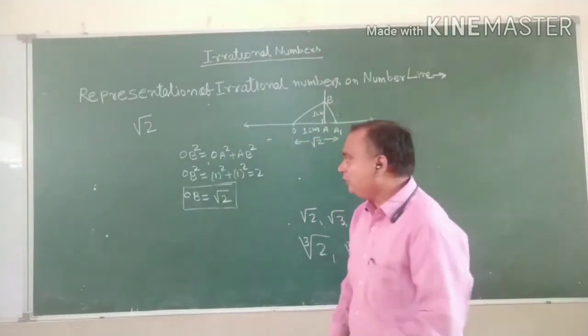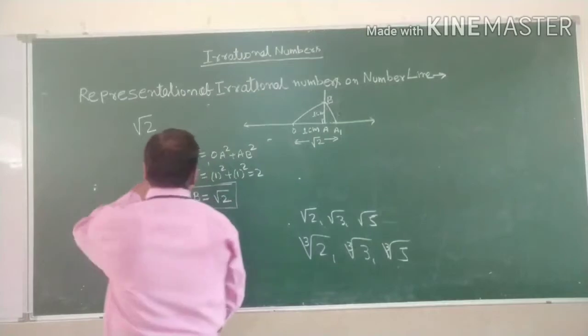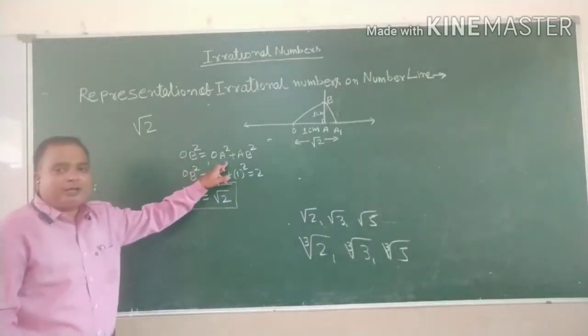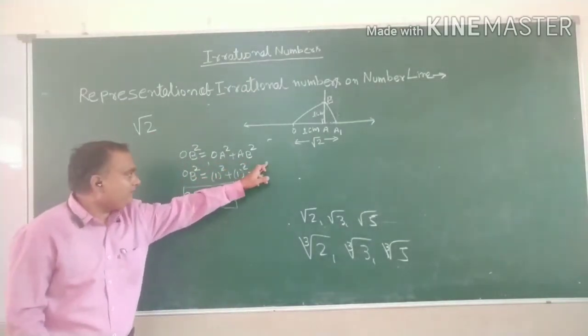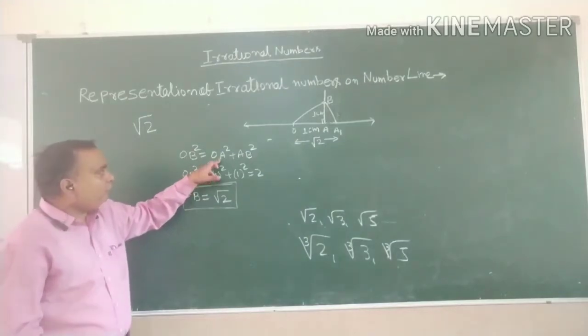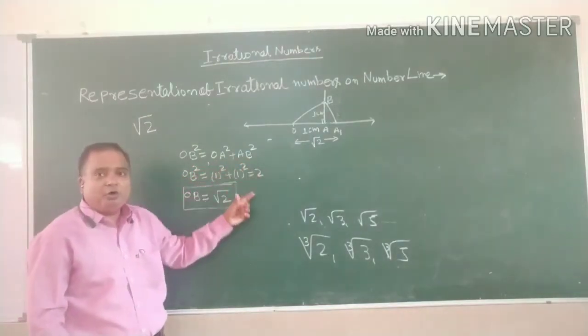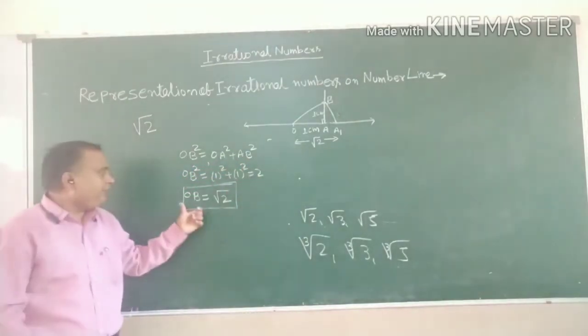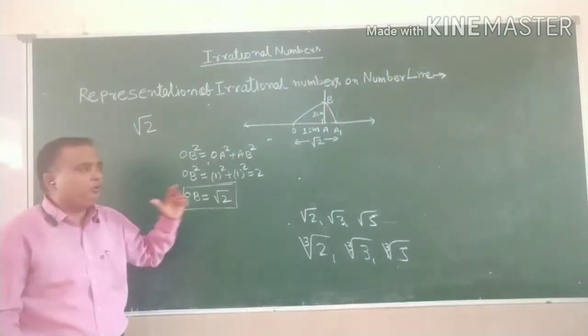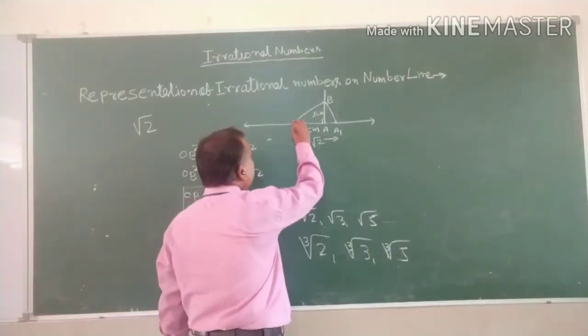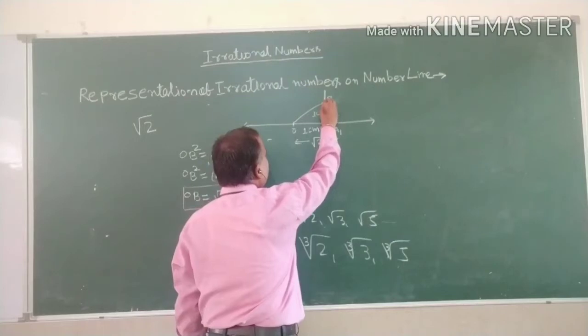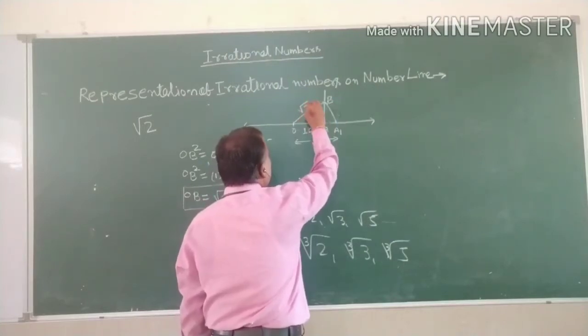By Pythagoras theorem, I can write OB square equal to OA square plus AB square. The values of OA and AB are both 1. So we can write OB equal to root 2, meaning the distance between point O and point B is root 2.